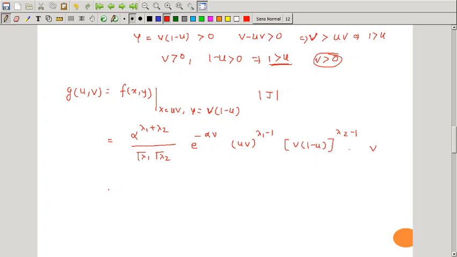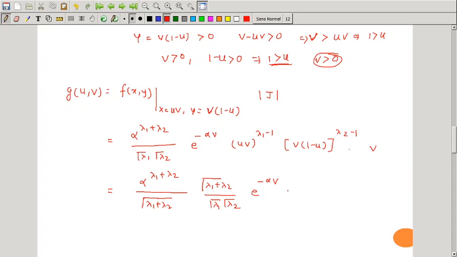So if I simplify it, alpha raised to lambda 1 plus lambda 2. Here I multiply and divide by gamma lambda 1 plus lambda 2, over gamma lambda 1 into gamma lambda 2. e raised to minus alpha v is there.